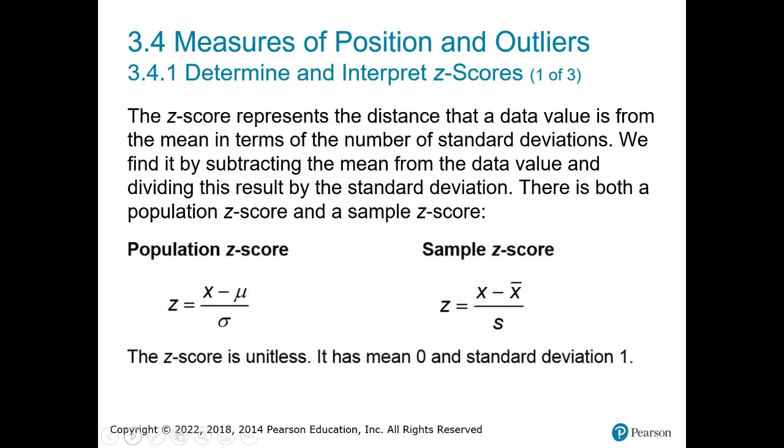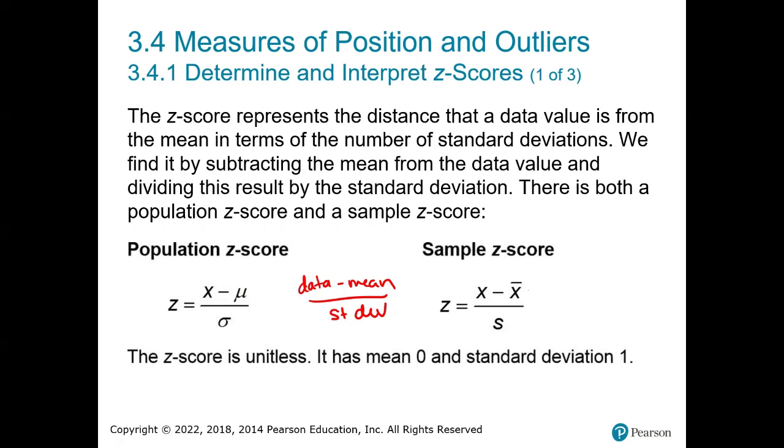The formula is the same, as it is always data minus mean divided by the standard deviation. The only difference is the population mean and standard deviation symbol versus the sample mean and standard deviation symbol.